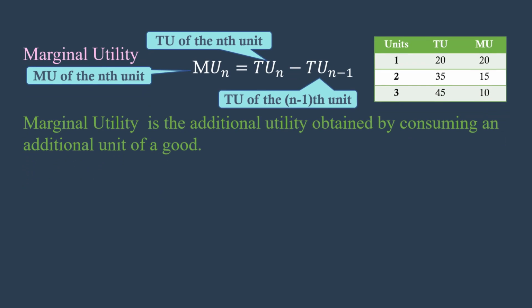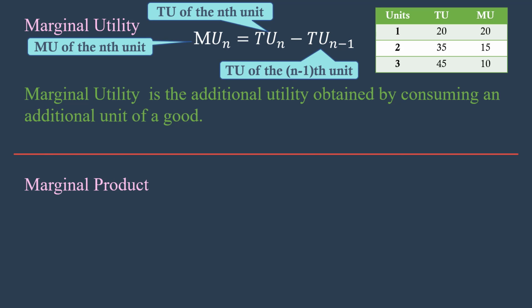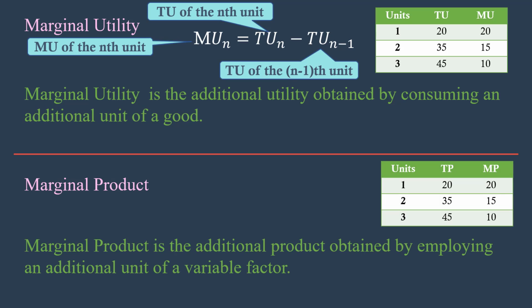Now we shall see how to fabricate the definition for marginal product from the definition of marginal utility. Marginal product is the additional product obtained by employing an additional unit of a variable factor. This is the definition of marginal product. Look, we use the same style and repeat most of the words.